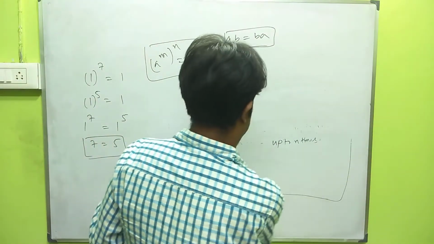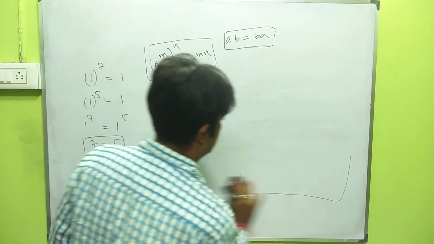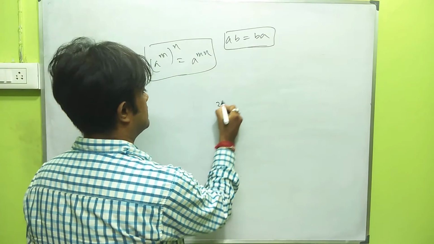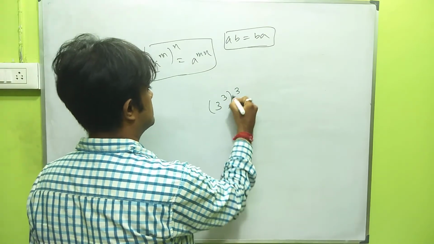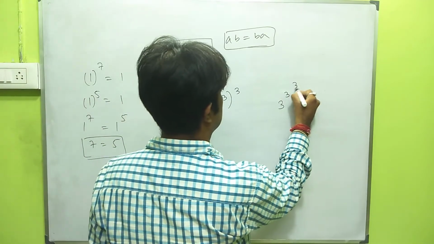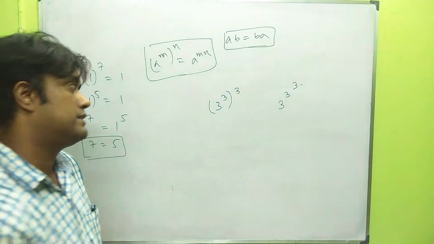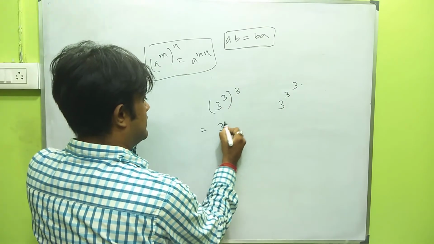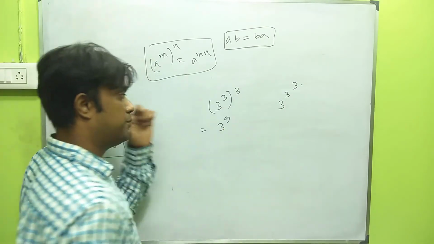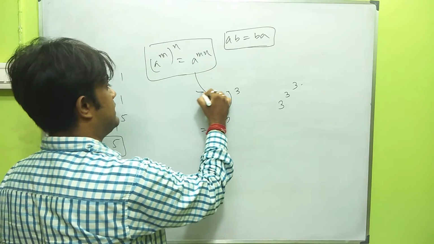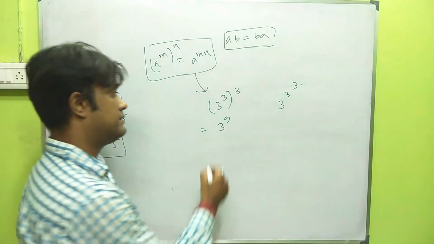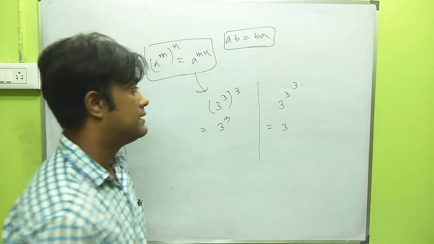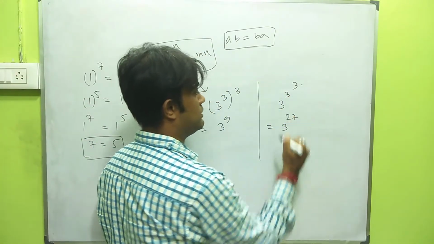Now, what is the difference between this term and this? If there is a bracket, then it will be 3 into 3, that is 3 to the power 9, by applying this rule, that is 3 to the power 9, and by this it implies that 3 cube, that is 3 to the power 27.